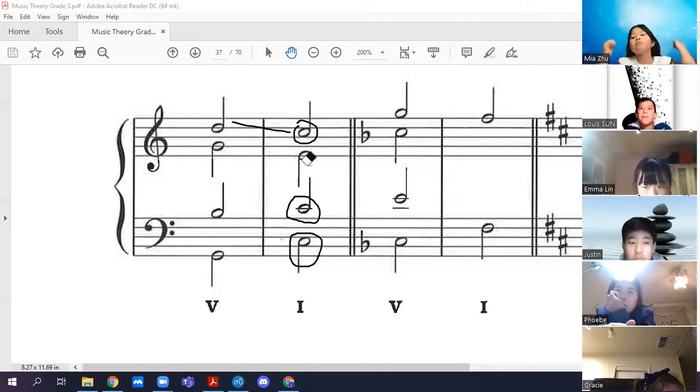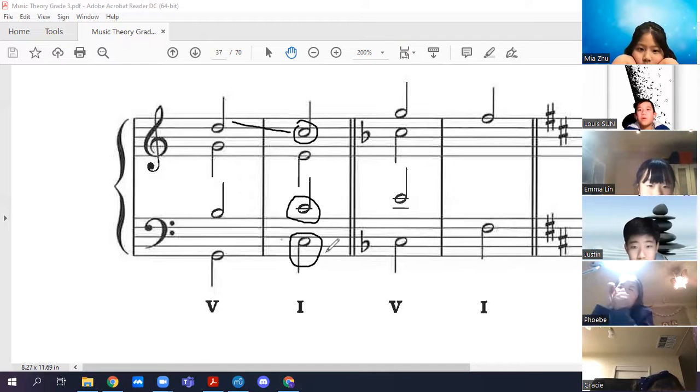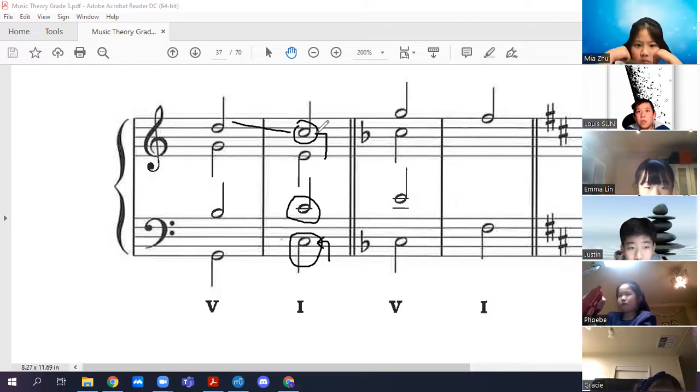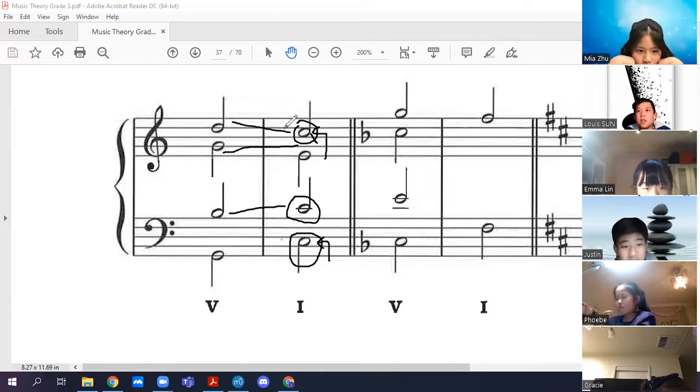Okay, so omit the fifth, keep the third, and triple the root. Triple the tonic, that is. So you have a tonic in the bass, a tonic in the soprano, and you still need the leading note to tonic. Preferably put it in the alto. I know this put in the soprano, but I want you to preferably put it in the alto, right?